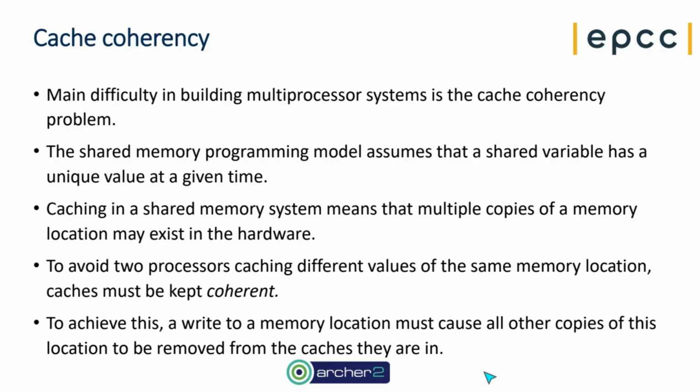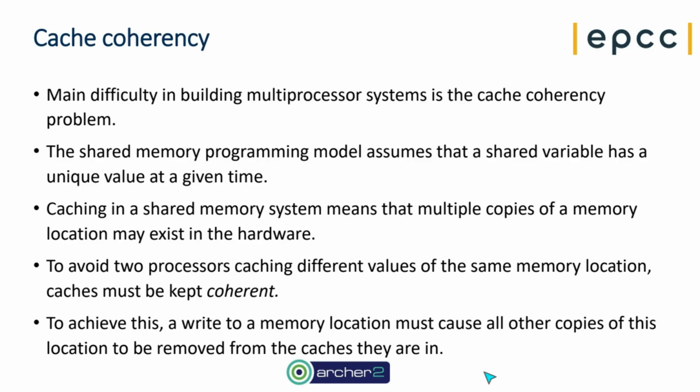It tries to present us with a programming model in which a shared variable has a unique value, that program variables have a unique value at any given time, even though they might be accessed by multiple cores.